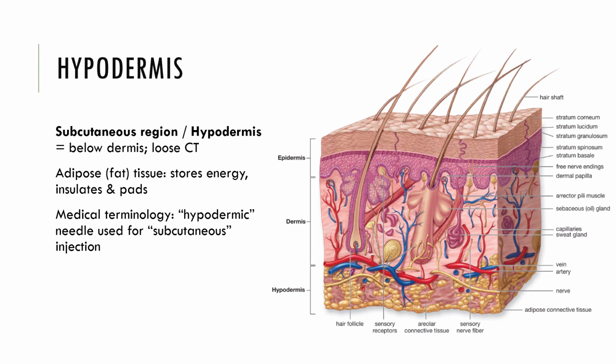It absorbs shock and protects underlying muscles and organs from mechanical injury. Another function is energy storage. It serves as a reservoir for fat or adipose tissue, which can be used for energy during periods of caloric deficit.